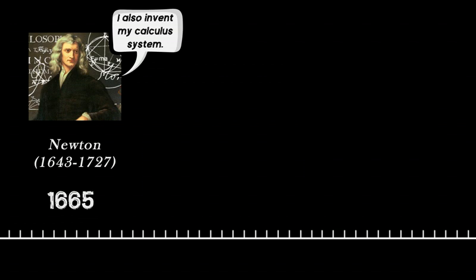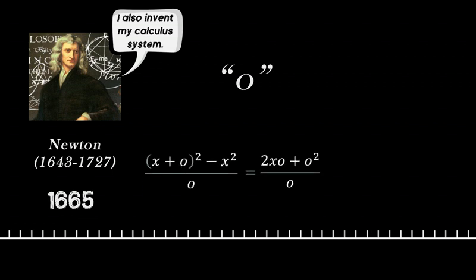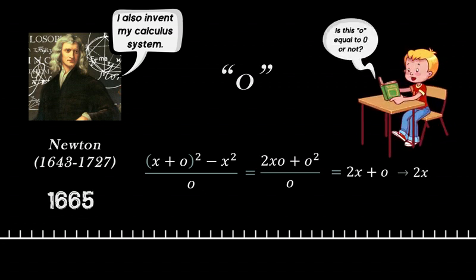Newton artificially introduced a small number, o, to establish a fluxion, basically equivalent to the derivative we talk about today. However, his o was equal to 0 when used as the remainder term, but not equal to 0 when used as the denominator. There existed a logical contradiction in Newton's system.